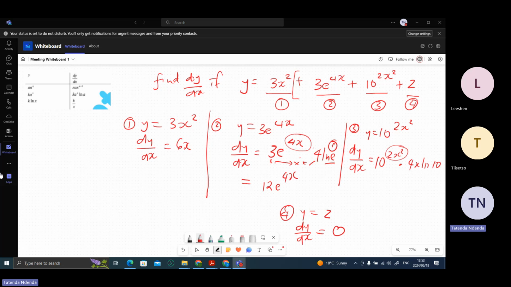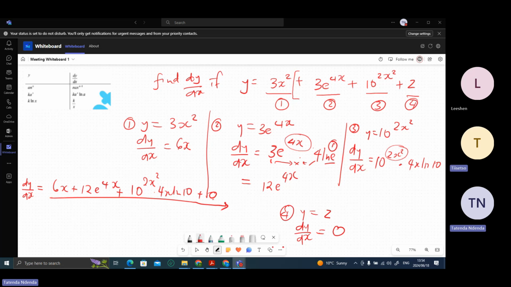So now when you write this equation, dy over dx is equivalent to 6x plus 12e to the power of 4x plus 10 to the power of 2x squared multiplied by 4x ln of 10, then plus 0. Then you're done.